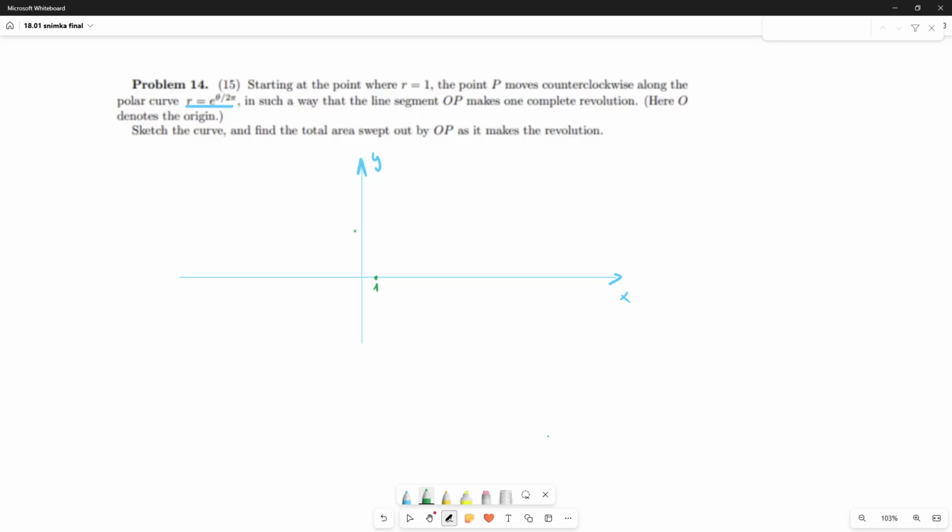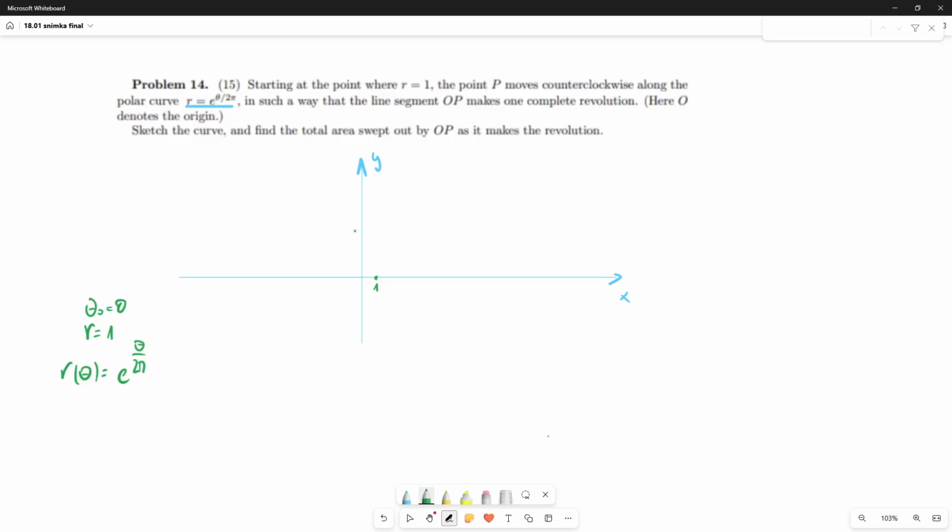And at this starting point our angle is equal to 0 and our r is equal to 1, which fits. It fits that r as a function of the angle is equal to e to the power of the angle over 2 pi.